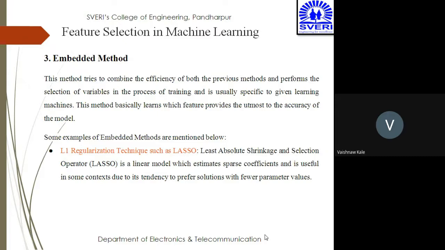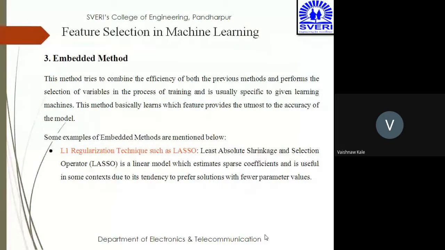Some of the examples of the embedded methods are mentioned below. The first one is an L1 regularization technique such as lasso, which stands for least absolute shrinkage and selection operator. That is a linear model which estimates sparse coefficients and is useful in some contexts due to its tendency to prefer solutions with fewer parameter values. So you have to see whether your model is linear or not, and it estimates the sparse coefficients that are useful in some contexts due to its tendency to prefer such solutions.